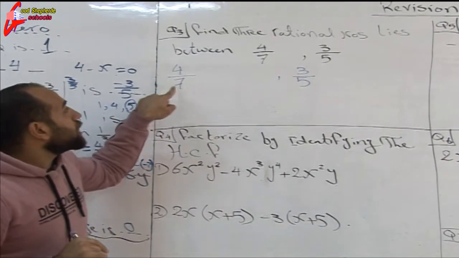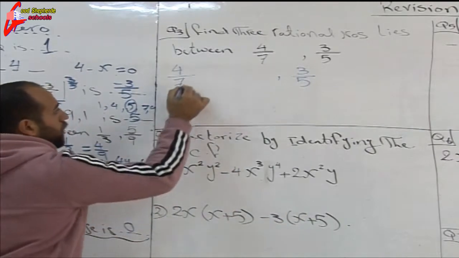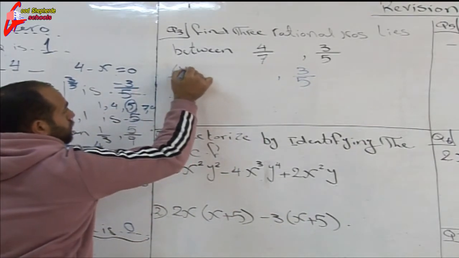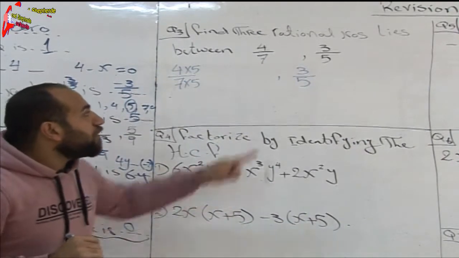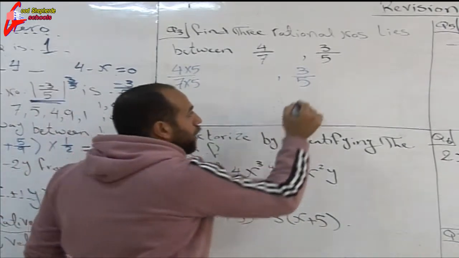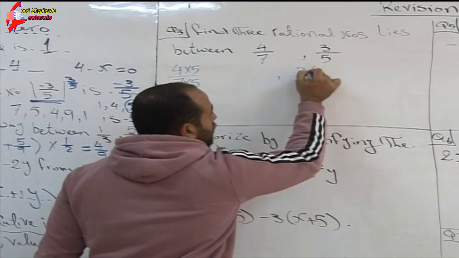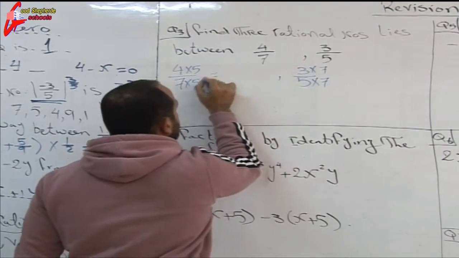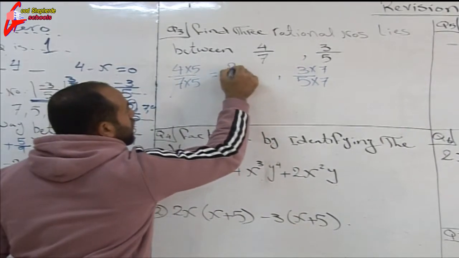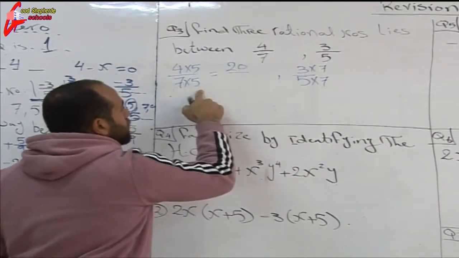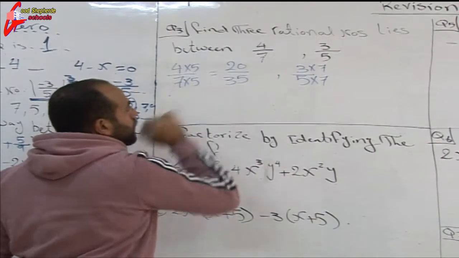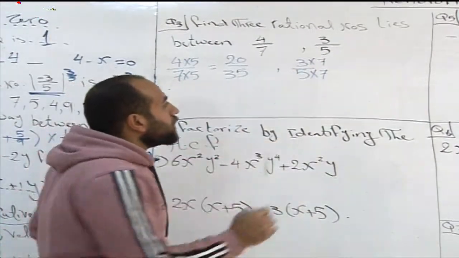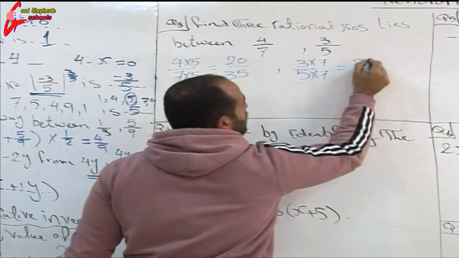We will multiply 7 by 5, up and down, and multiply 5 by 7, up and down. 4 times 5 is 20. 7 times 5 is 35. 3 times 7 equals 21.